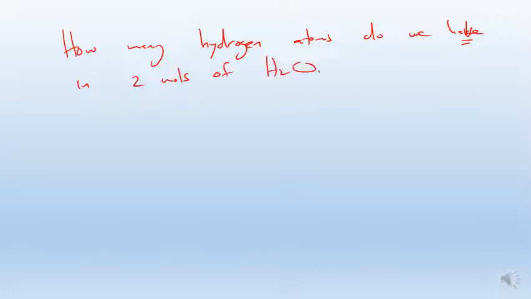Well, let's just go back. There's the oxygen, there's the hydrogen, and that's a water molecule. So for every 1 water molecule, how many hydrogen atoms do you see? Well, I can clearly see 2.